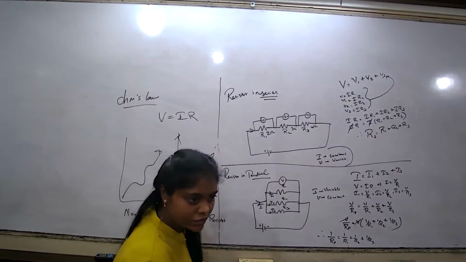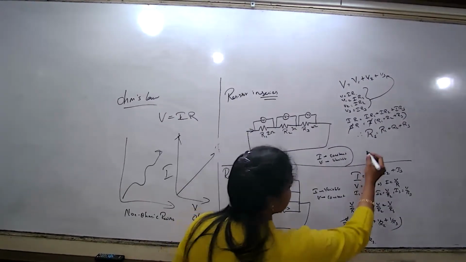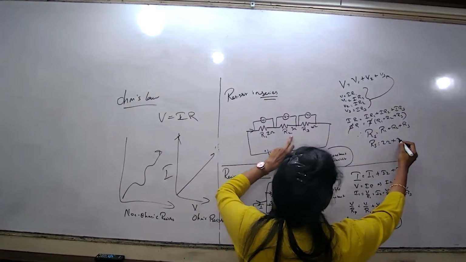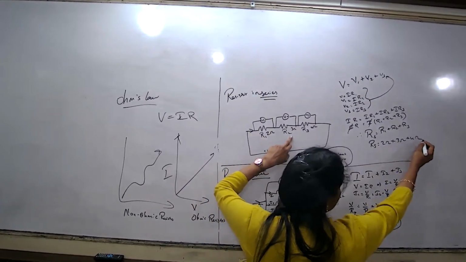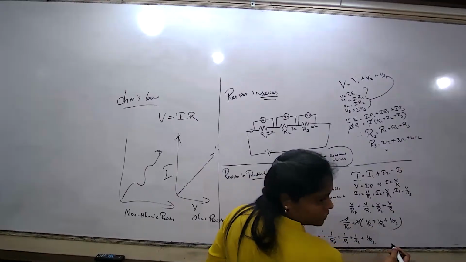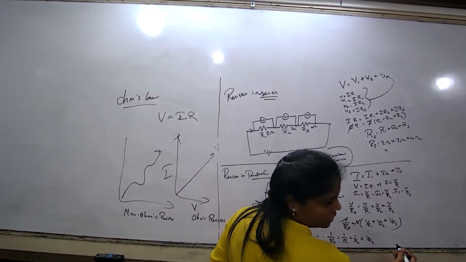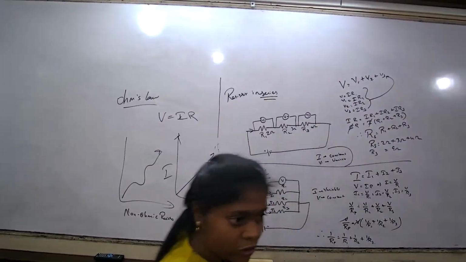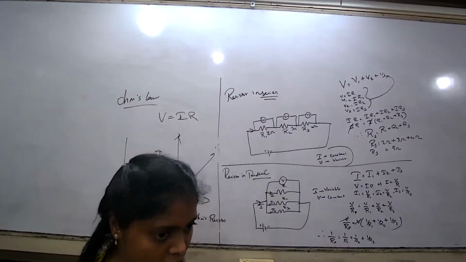How will you find it? Rs is 2 ohm plus 3 ohm plus 4 ohm. What will we get? 9 ohm.